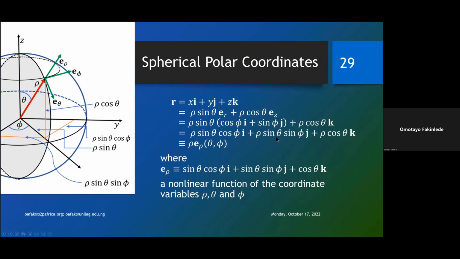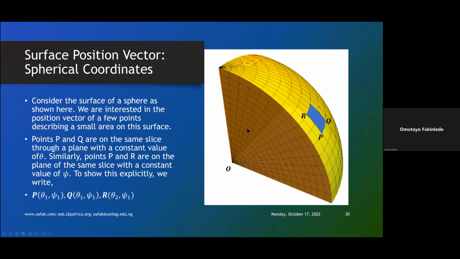Suppose I parameterize using rho, theta, and phi. Notice that on the surface, rho is constant. So rho doesn't play any part because on the surface, rho is constant. So we are only looking at theta and phi.